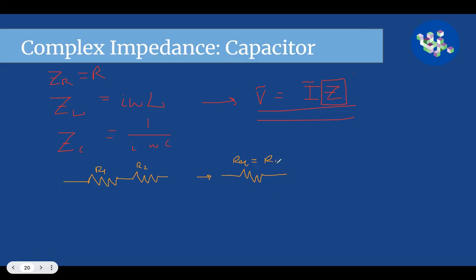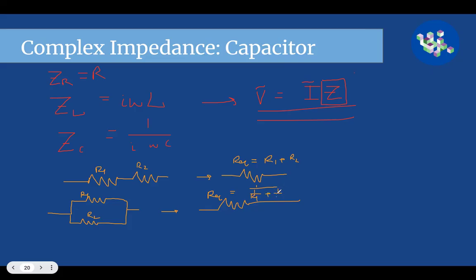Now, if I had them connected in parallel, this is R1, this is R2, then again I could replace it by one resistor, and R equivalent is equal to 1 over (1 over R1 plus 1 over R2).